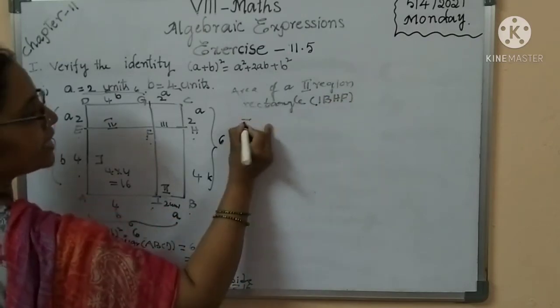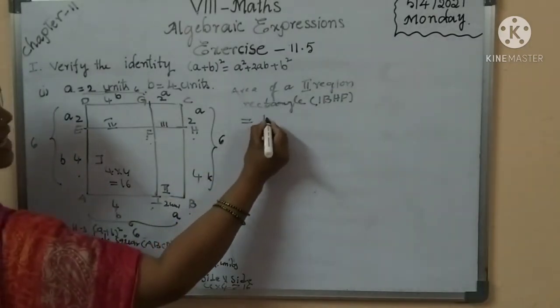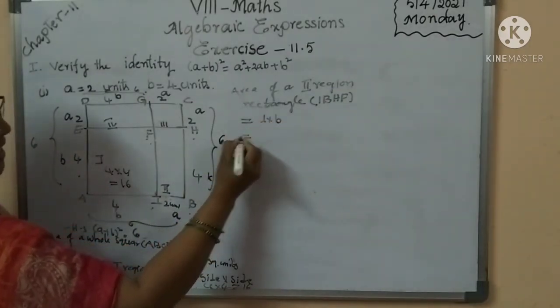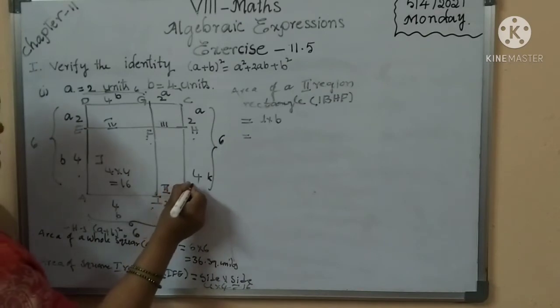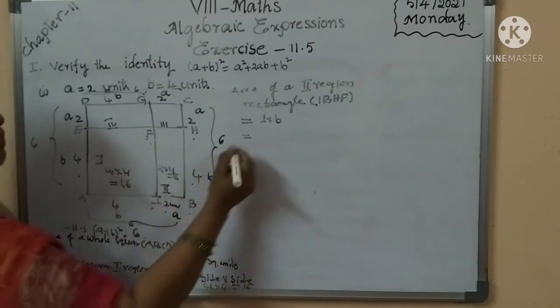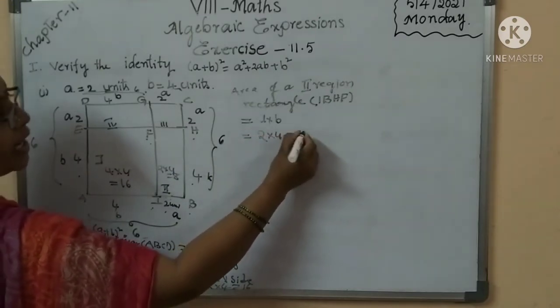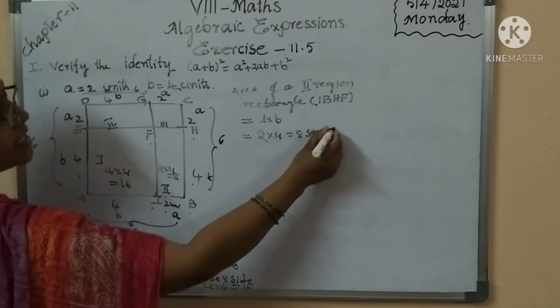The area of a rectangle is length into breadth. The length here is 2 and the breadth is 4. So 2 into 4 equals 8 square units.